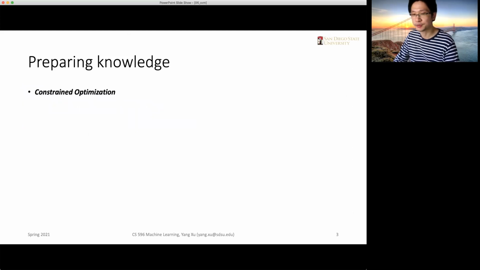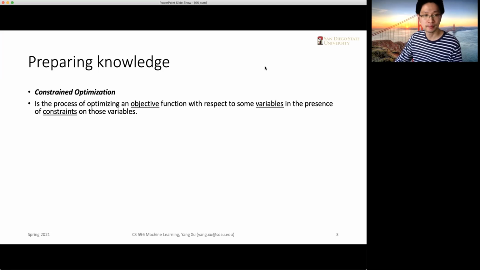So let's look at what a constrained optimization problem is. It is a process to optimize some objective. This objective function is defined with respect to some variables, and we want to optimize this objective with respect to these variables.